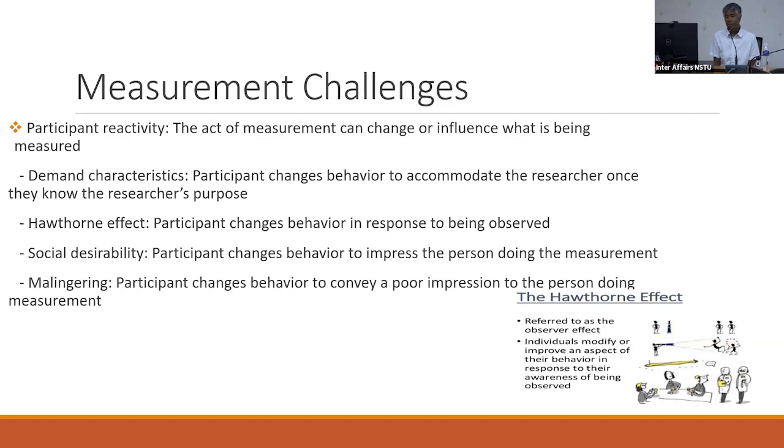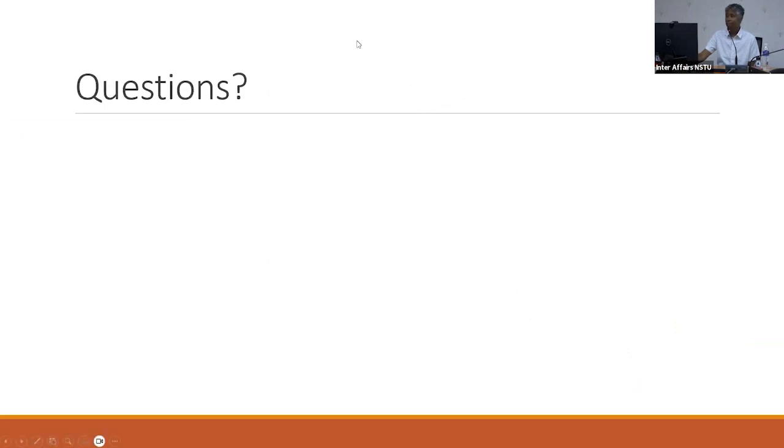So if I'm doing a measure of drug use, if I'm asking you directly in an interview about use of illegal drugs, the vast majority of people will deny that. These are all examples of how we really have to think about what information we're collecting and how the way that we're collecting it and the circumstances may directly impact the accuracy of our measures. Okay. Any questions?